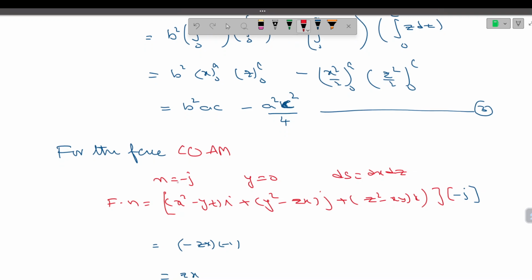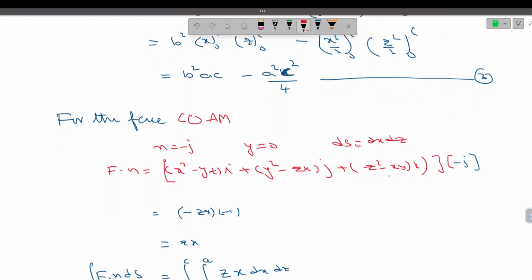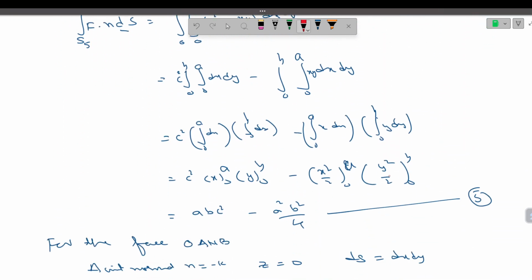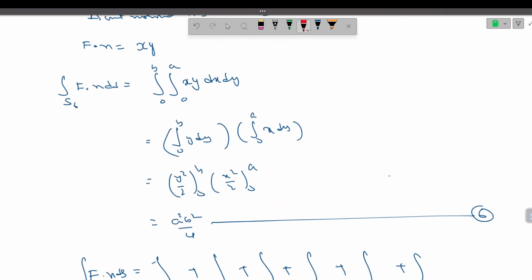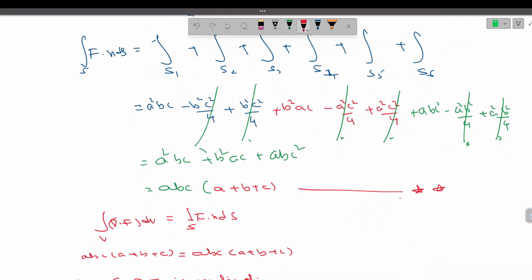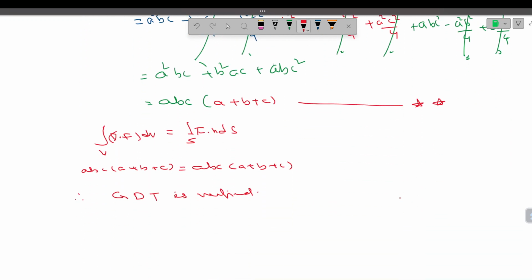Then opposite to it will be minus j, y will be 0, ds will be dx dz. Just put it and get it. Last, along z, n equal to k, and n equal to minus k. If you add all 6 surfaces, like terms with opposites get cancelled. This we got from 1 star and 2 star. Gauss divergence theorem is verified.